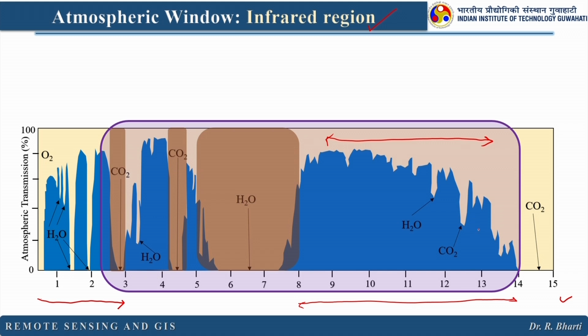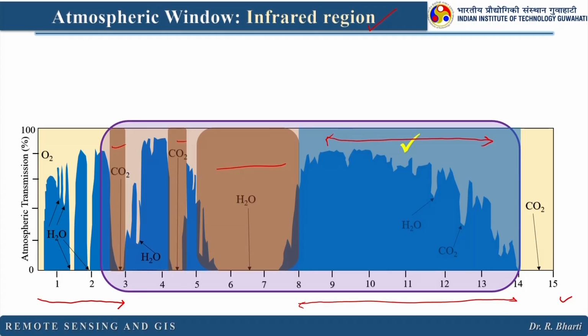Because here transmission is continuous and there are no in-between gaps. If my sensor is working in this particular area, or this area, we may not receive the emitted energy from the surface.